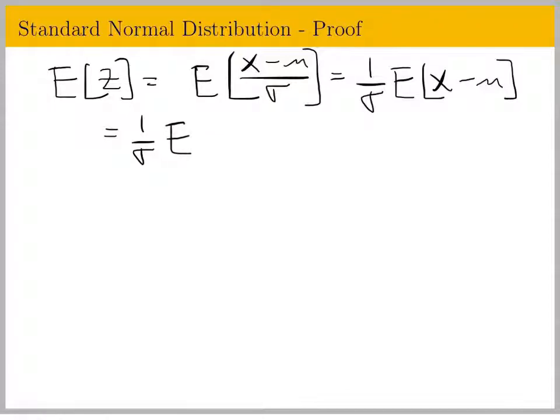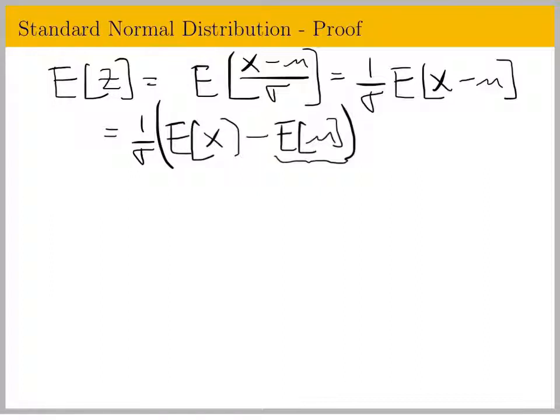So we say that's the expected value of X plus the negative expected value of mu. What do we know? We know that the expected value of a constant is just itself, which is mu. We also know that the expected value of X is mu. So what we have here is mu minus mu, which is 0.